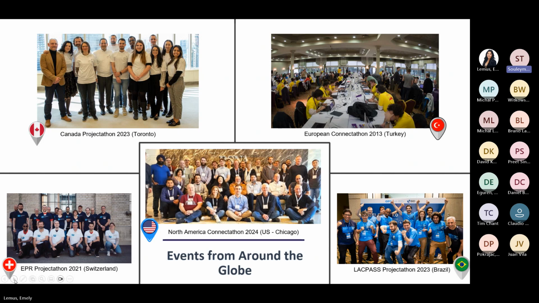After the national level, we have the regional level. For the regional level, I can give the example of LACPAS, Latin America. It's a group of many countries around Latin America: Brazil, Argentina, Colombia, and also the Caribbean.